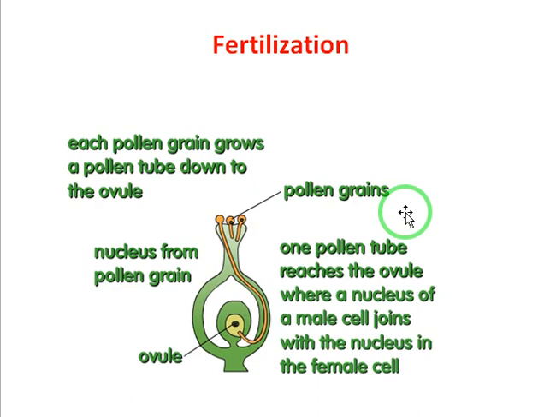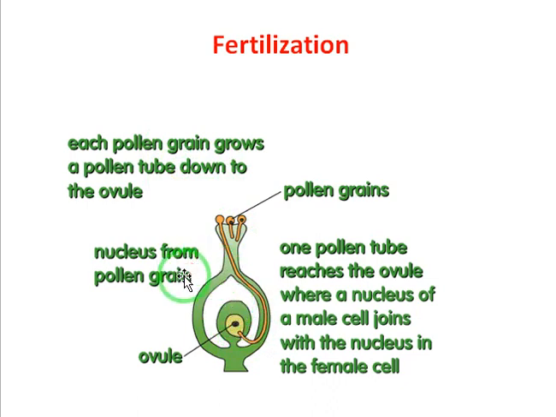The next stage is fertilization. In this stage, fertilization means the union or fusion of both male and female sex cells or reproductive cells. Each pollen grain grows a pollen tube downward to the ovule.